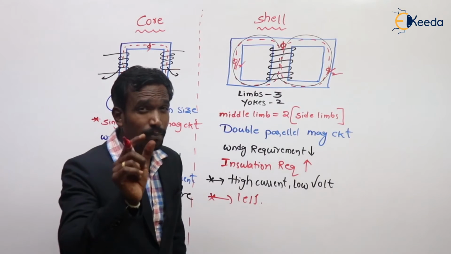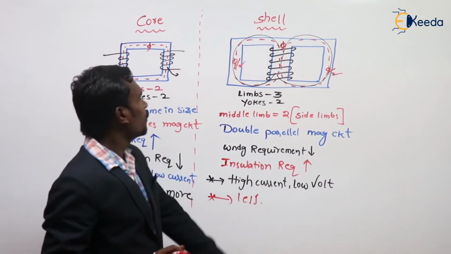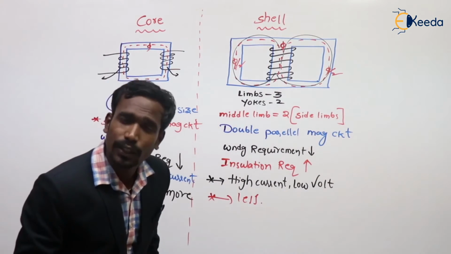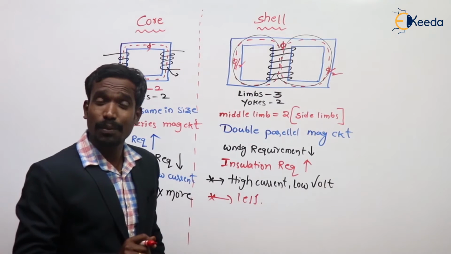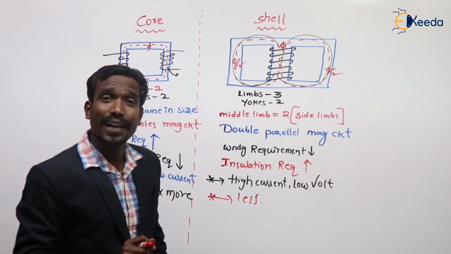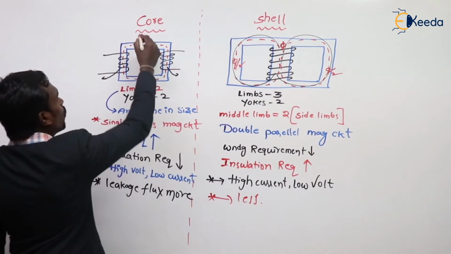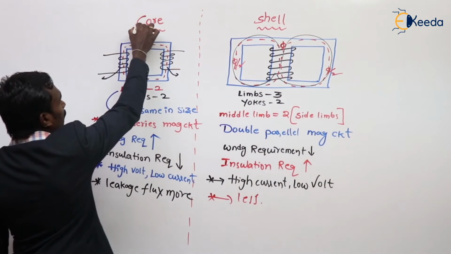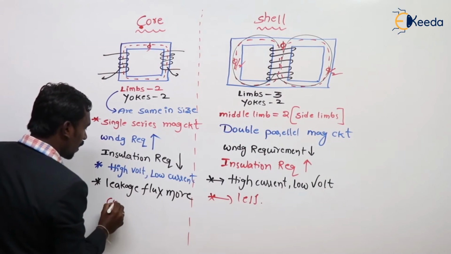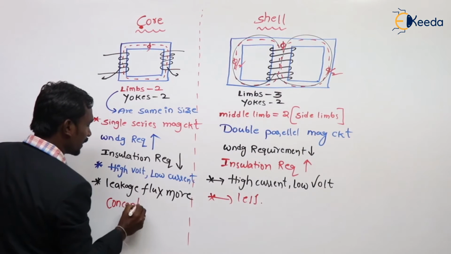Now the very important last one. Which type of winding is used in core type? Very good. In core type, we are using concentrated winding.